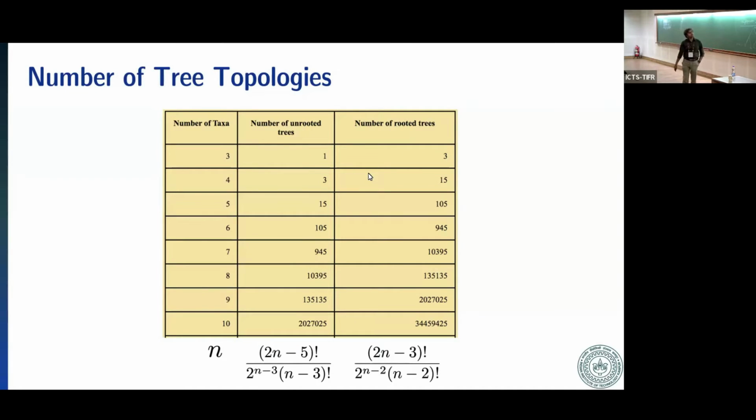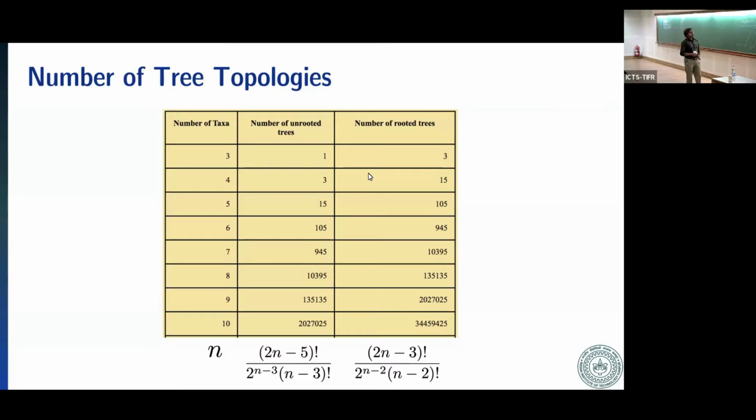If you have 4 taxa, you can only have 3 possible unrooted tree structures and 15 possible rooted tree structures. But as soon as you go to something like 10, these numbers are already in millions. This is the actual mathematical formulation giving you how quickly these numbers are growing. These are all growing factorially.